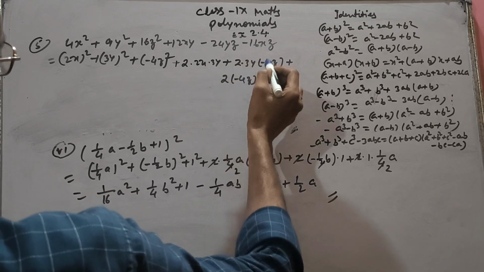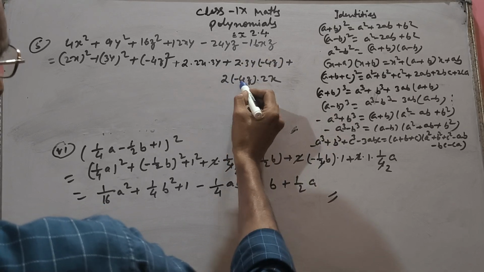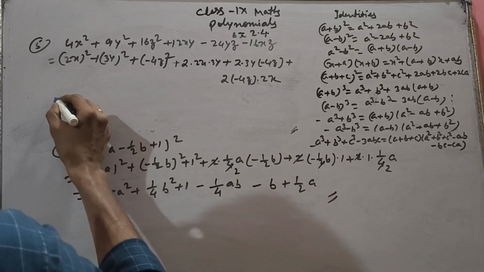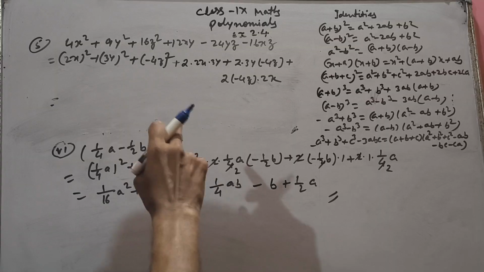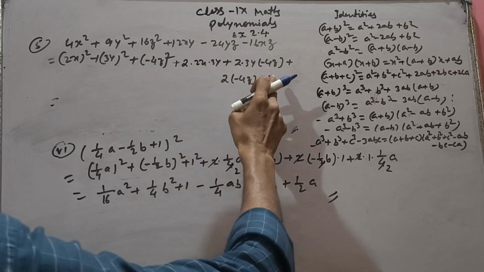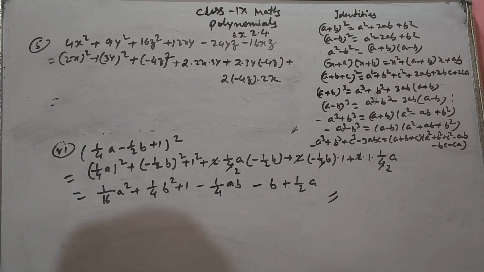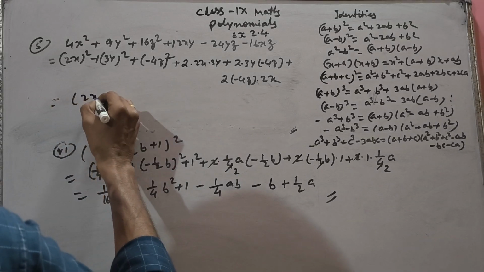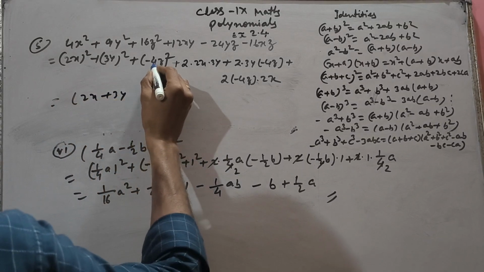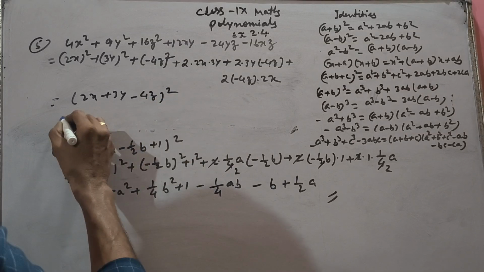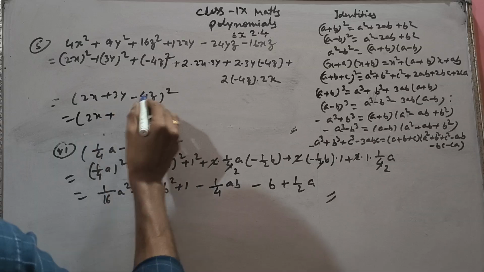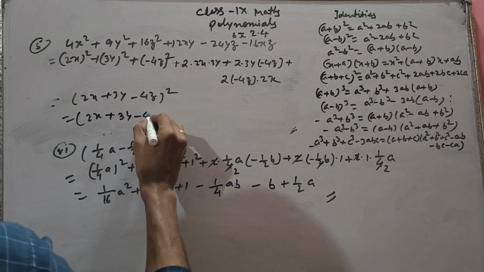Then plus minus minus 2 into 4 into 2 is 16xz. It is the same thing only, but in the form of a squared plus b squared plus c squared plus twice ab plus twice bc plus twice ca, which is the formula of (a plus b plus c) whole squared, but it is minus only, whole squared. The question is saying factorize: what into what? Power 2 means 2 times.